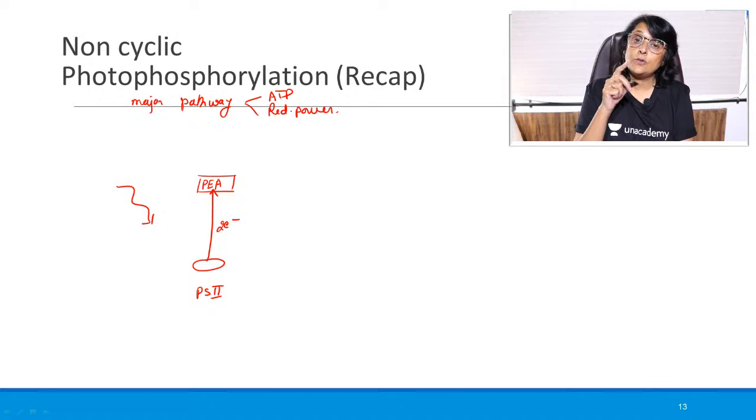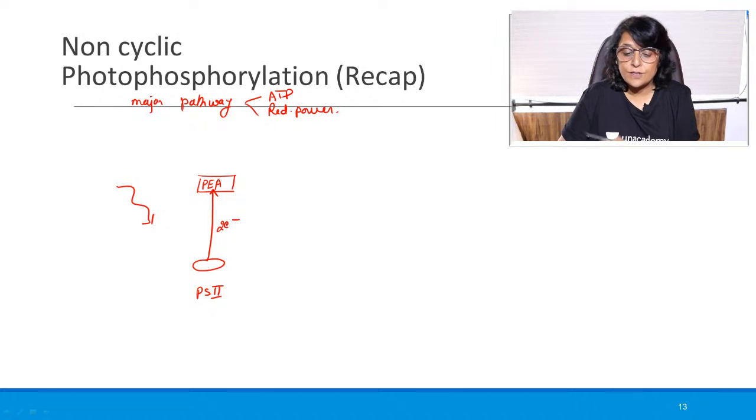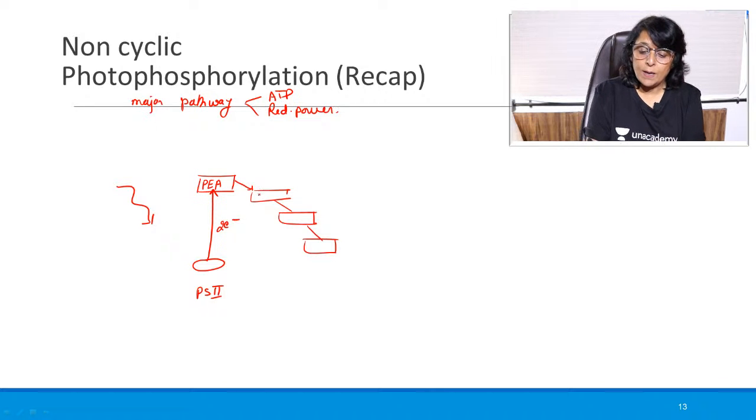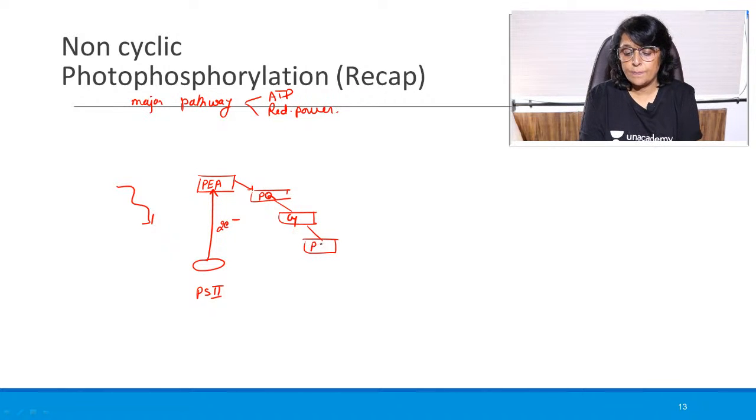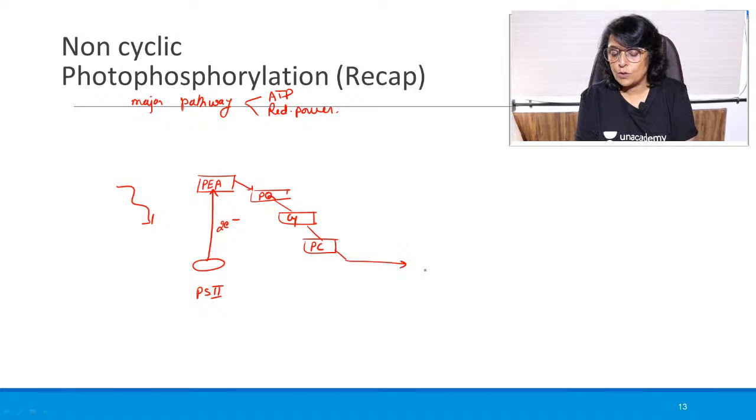Now this electron, which is at a higher energy level, is going to come down the gradient through electron acceptors. There were three: plastoquinone, cytochrome complex and plastocyanin. And finally the electron was sent to the chlorophyll of photosystem 1.